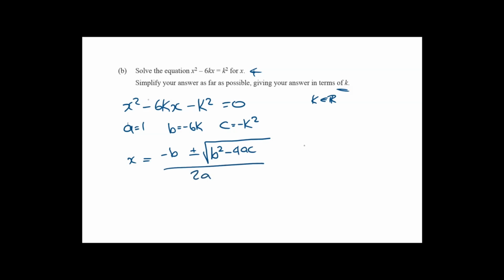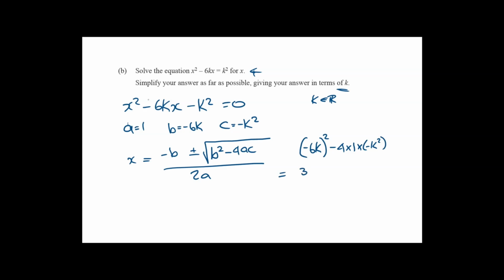I like doing the b squared minus 4ac first, because otherwise you've got to do it twice. So b squared is minus 6k squared minus 4 times 1 times minus k squared.